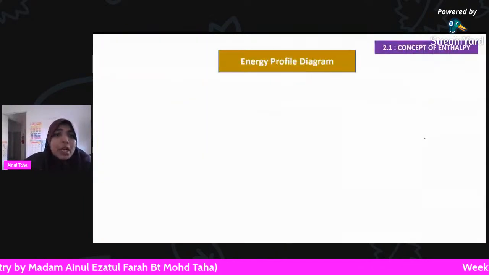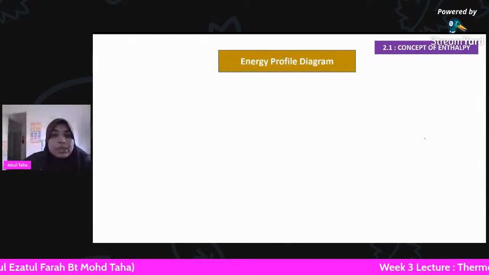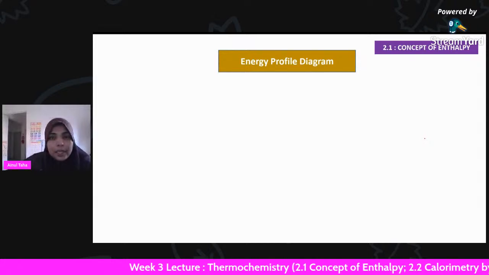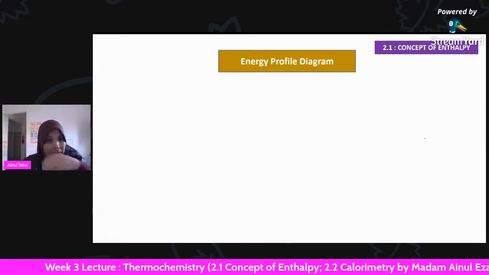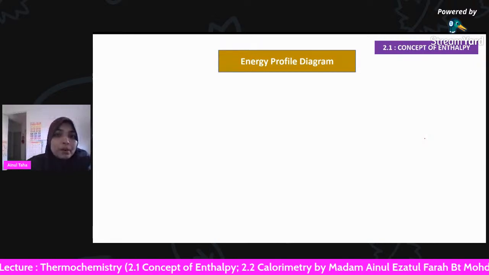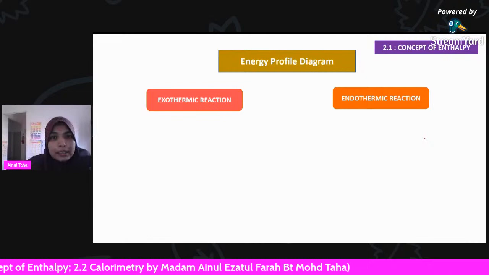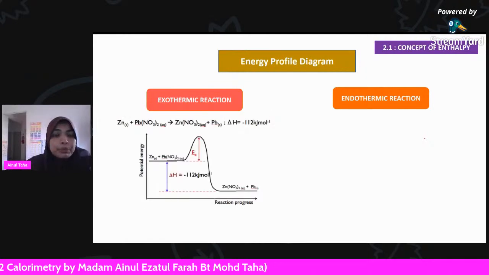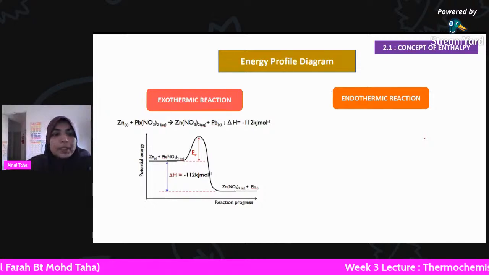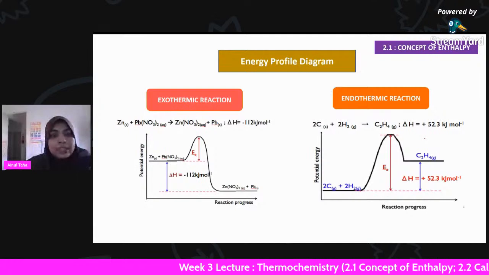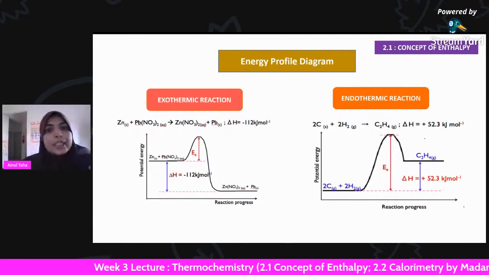Okay, besides learning about exothermic and endothermic and how to calculate the enthalpy change, here we can see the energy profile diagram. After we have known about exothermic and endothermic reactions, you can relate them with the energy profile diagram.